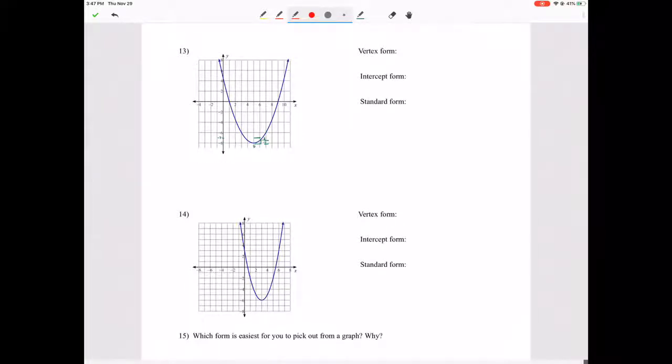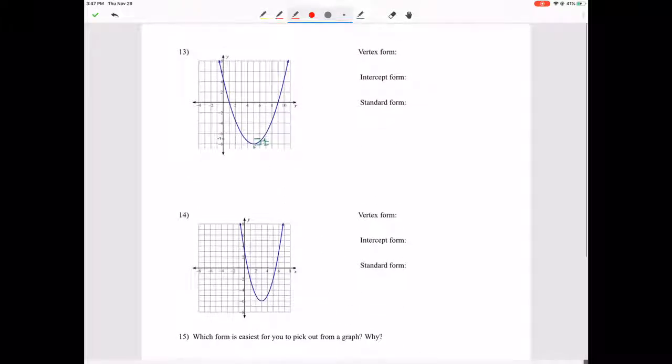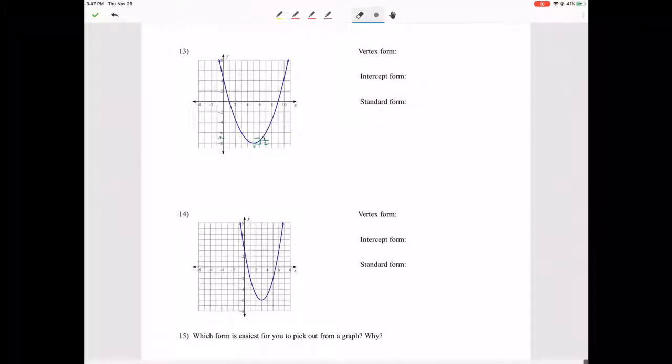Maybe we could do 13 really quick if you want to watch it, because this one is a little different. Okay. So first thing is the vertex form, so A equals something, and our vertex is at this point, 5, comma, negative 8.